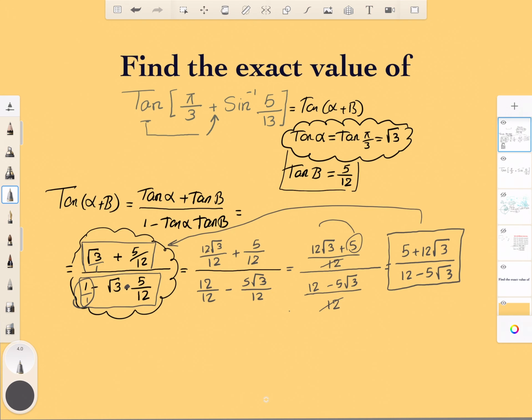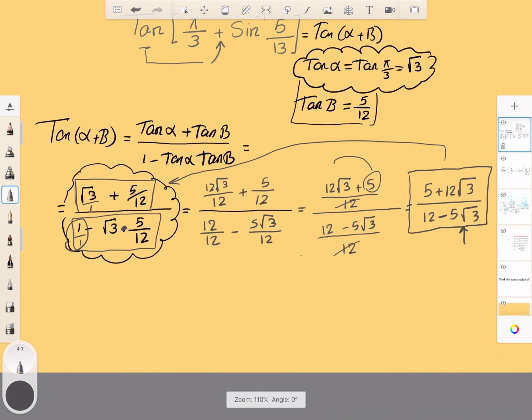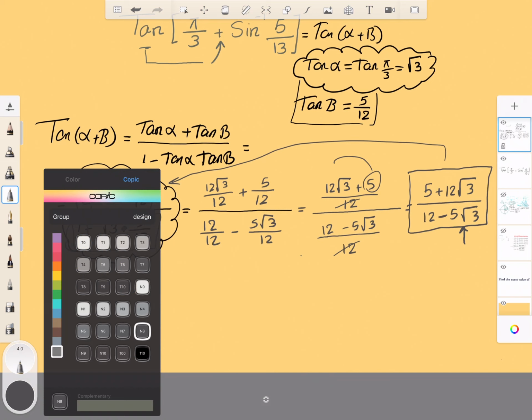But another problem is we have a radical in the denominator. In order to get rid of that radical, because there is a minus here, we have to multiply by the conjugate. So let's see if I can solve it on this part. I'm going to multiply top and bottom by the conjugate.